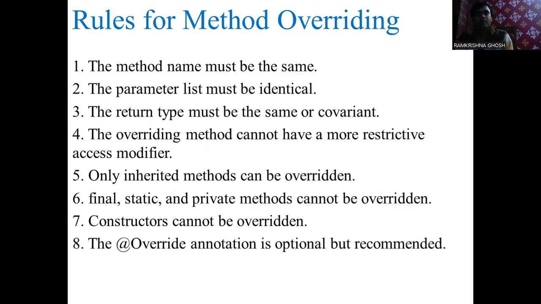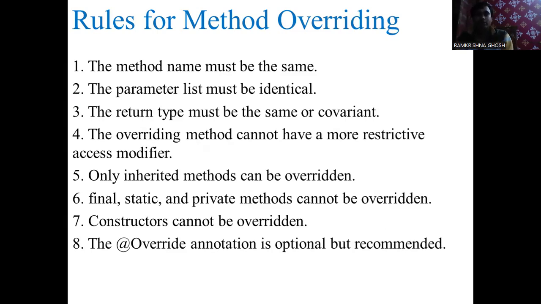The return type must be same or compatible or covariant. The overriding method cannot have a more restrictive access specifier. Private is a more restrictive access specifier, you know.